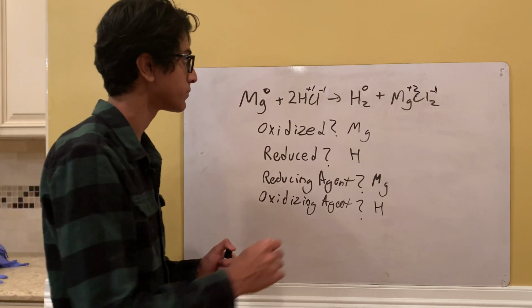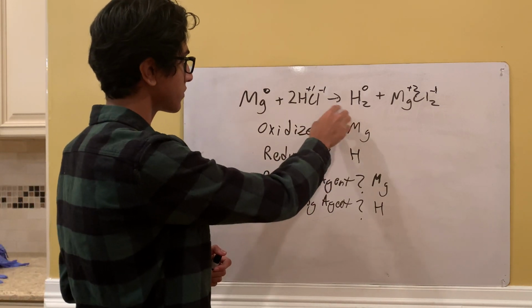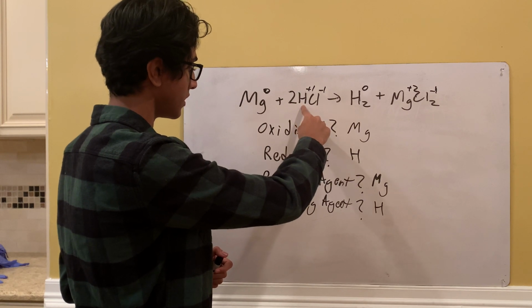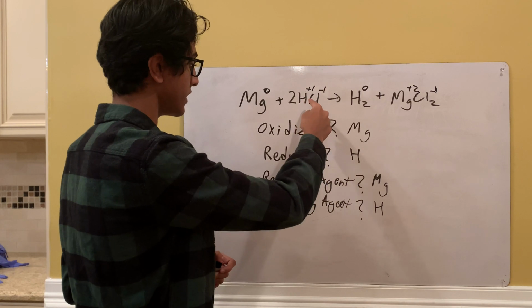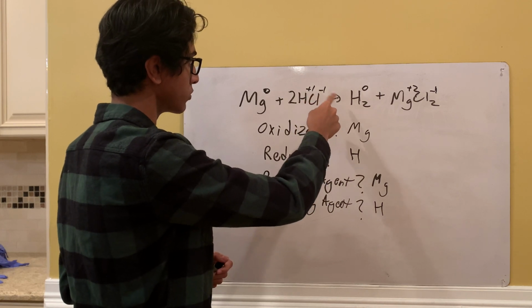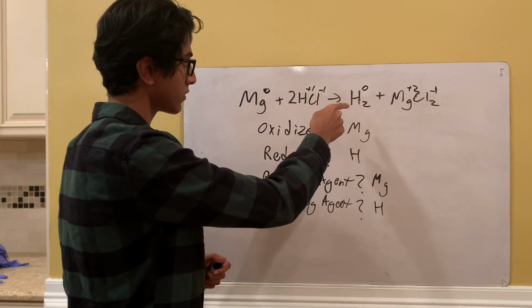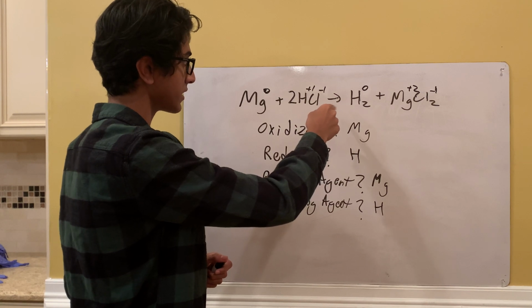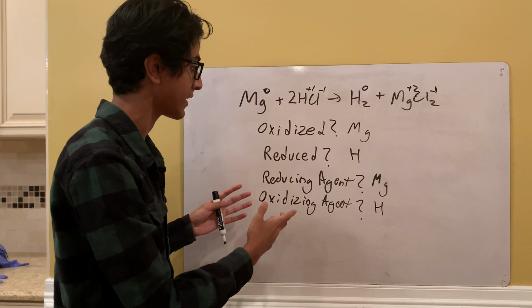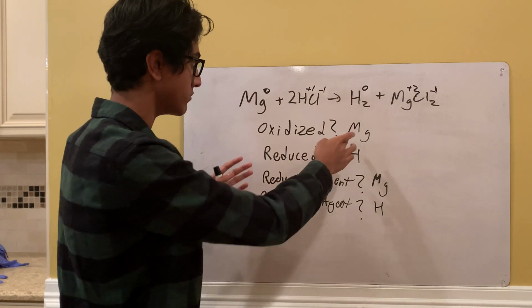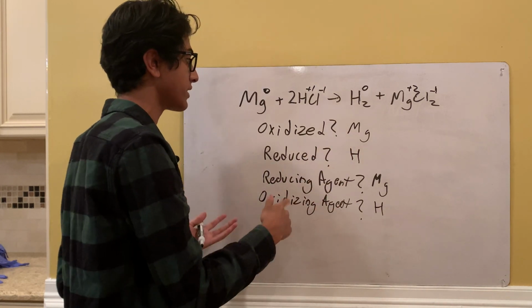So H is being reduced. It is gaining an electron because it's going down. So it's basically taking an electron away from Mg. So it's basically oxidizing Mg.